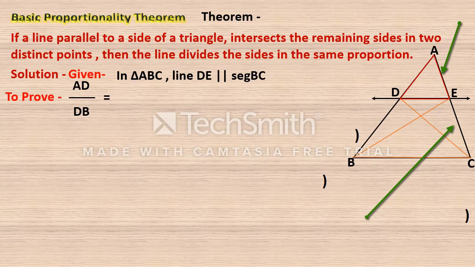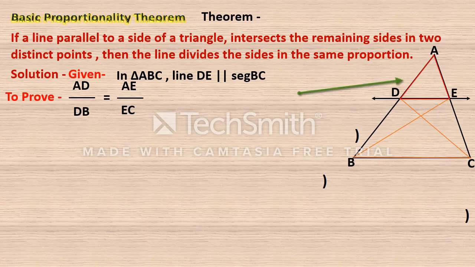Therefore AD by DB is equal to first part AE divided by second part EC. Line DE divides side AB and side AC in the same proportion means their division is equal.